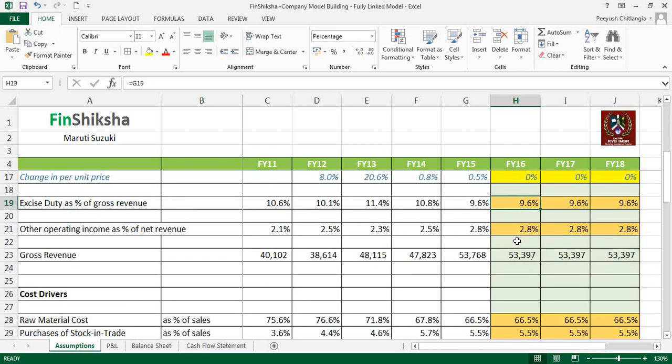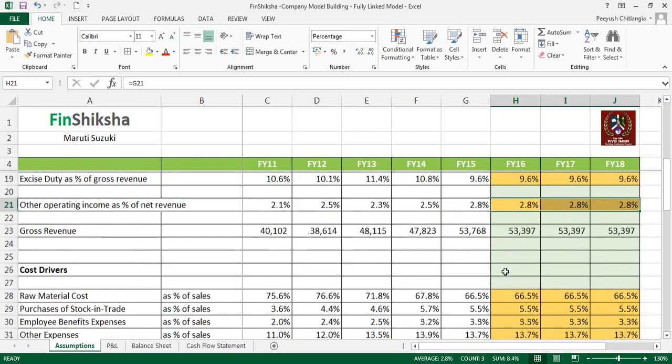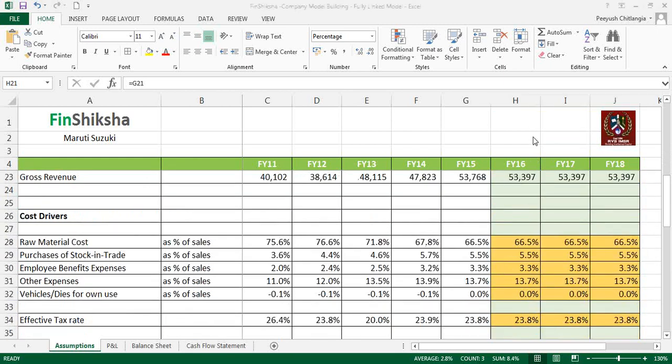From this, we have assumed that excise duty will remain the same. We have assumed that other operating income will also remain the same as a percentage of total net revenue, right? So we'll come to that as we go along. Then we have the entire cost structure that is available with us, where we just calculated each cost as a percentage of sales. And we find raw material cost was 66, purchase of stock in trade was 5.5% of sales. So what does it mean?